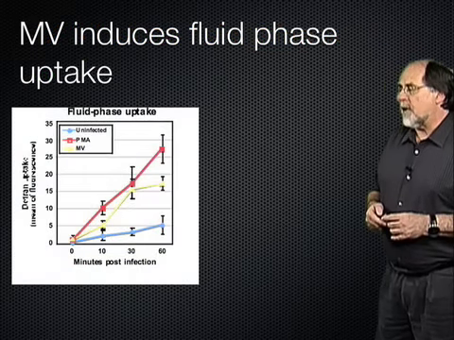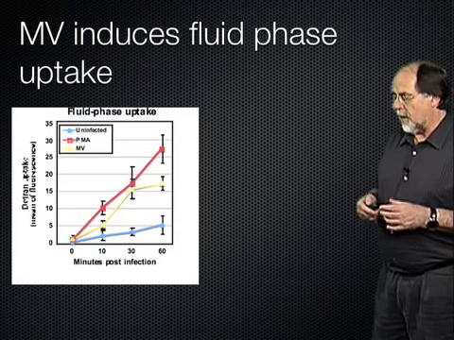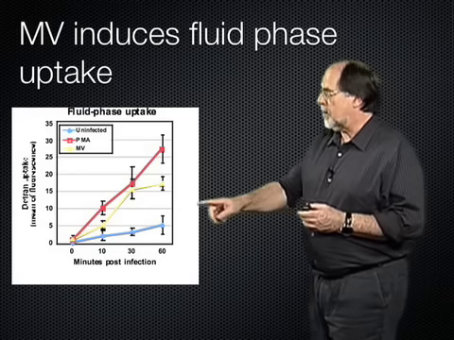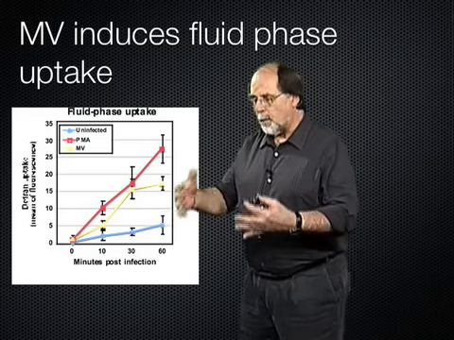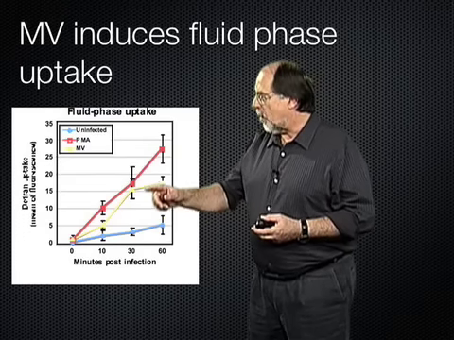Now, what type of endocytosis is this? Is there anything similar known? One clue is that when you add the virus to cells, it starts to gulp in fluid, just liquid from the outside. It is the yellow line here.